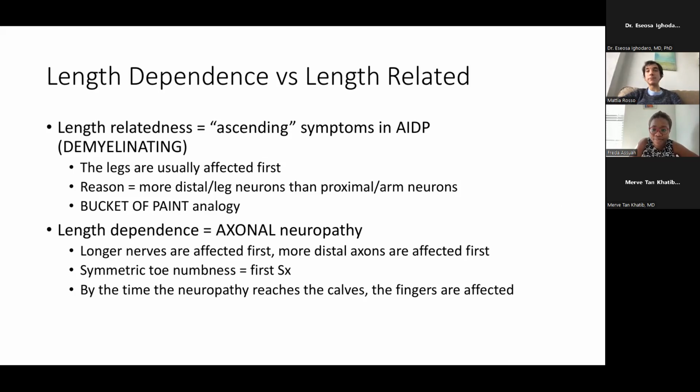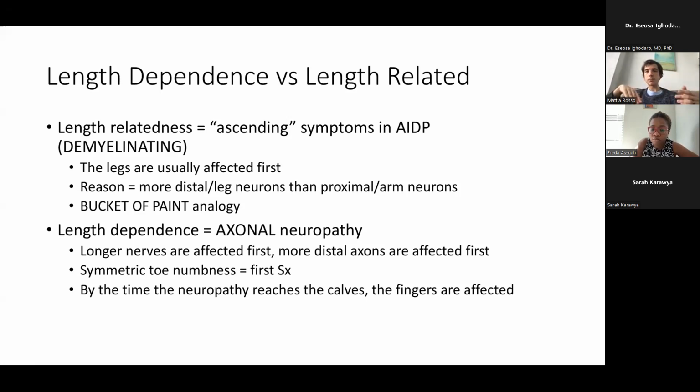Exactly. And it's not how it will always present, by the way. It's just that at a certain stage, by the time the numbness has gotten all the way to the mid thigh mostly, it will start affecting the fingers as well.